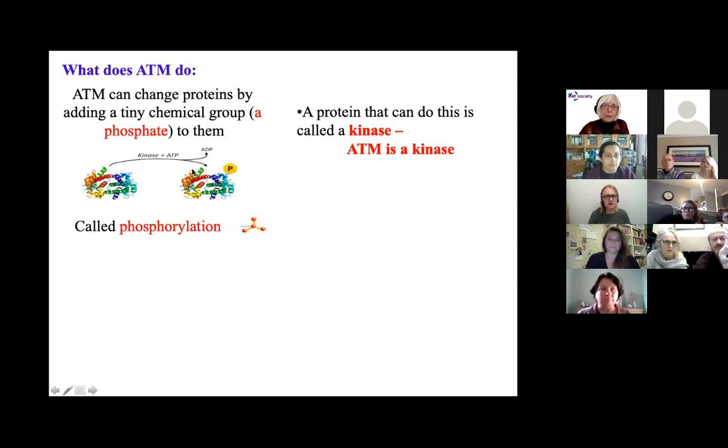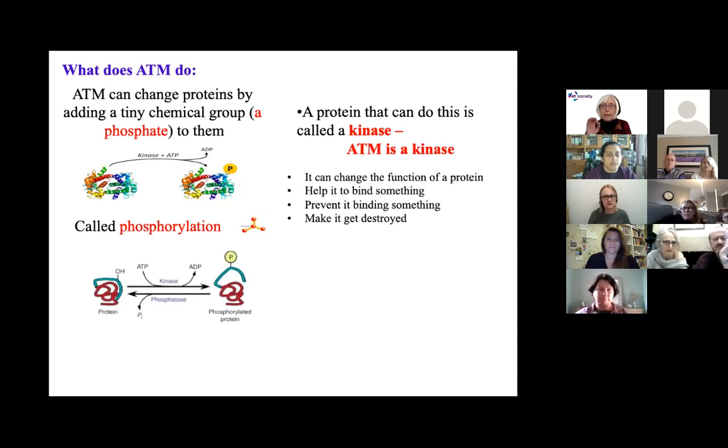Don't worry too much about this; it could be any kinase, and this ATP to ADP just means it uses energy, but that's not relevant for what we're talking about. Now, what can this little guy do? You remember me telling you that proteins fold, and that it's the interactions between the amino acids that determine how they fold.